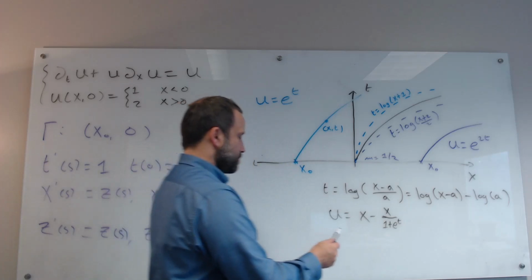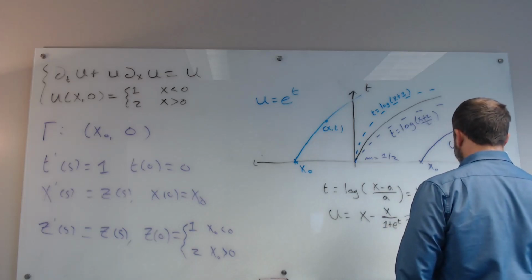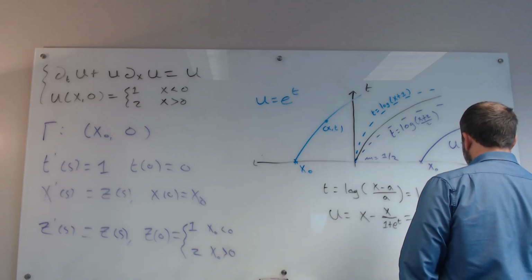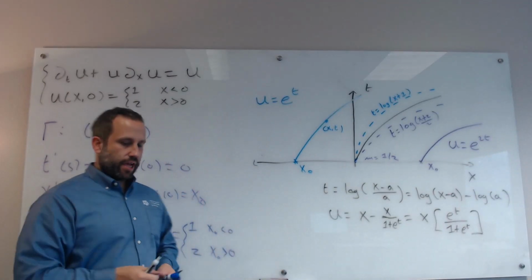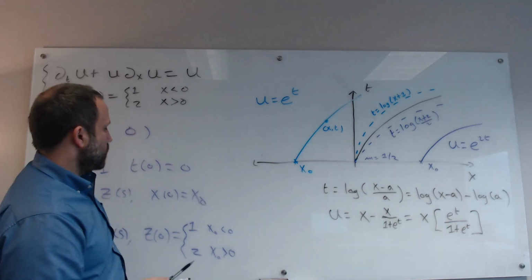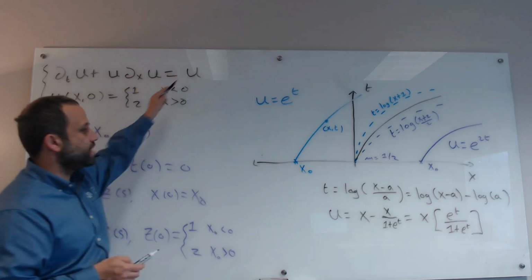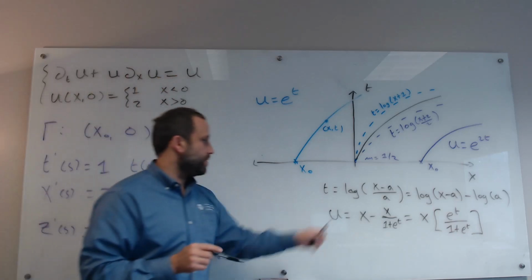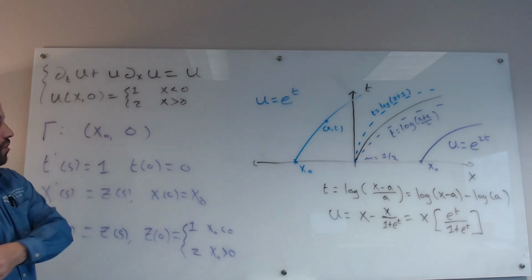I think it's probably more helpful to write it as x times e to the t over 1 plus e to the t. And the reason I say that is because I want you to verify that it satisfies this equation, and I think that's a little bit easier to work with than this. I don't know, maybe you agree, maybe you disagree.